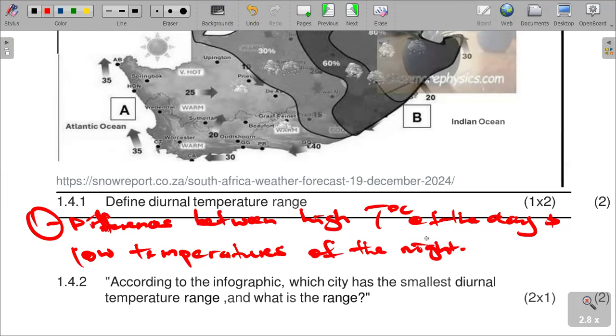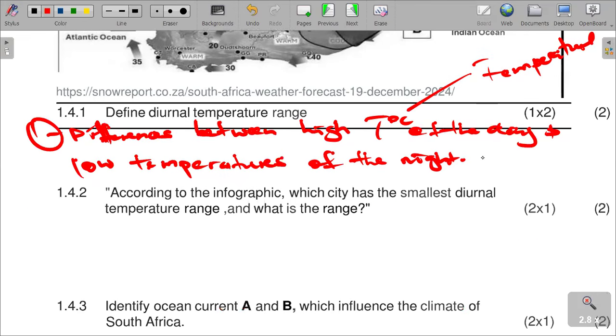That is what we call the general temperature range: the differences between high temperatures of the day and low temperatures of the night.